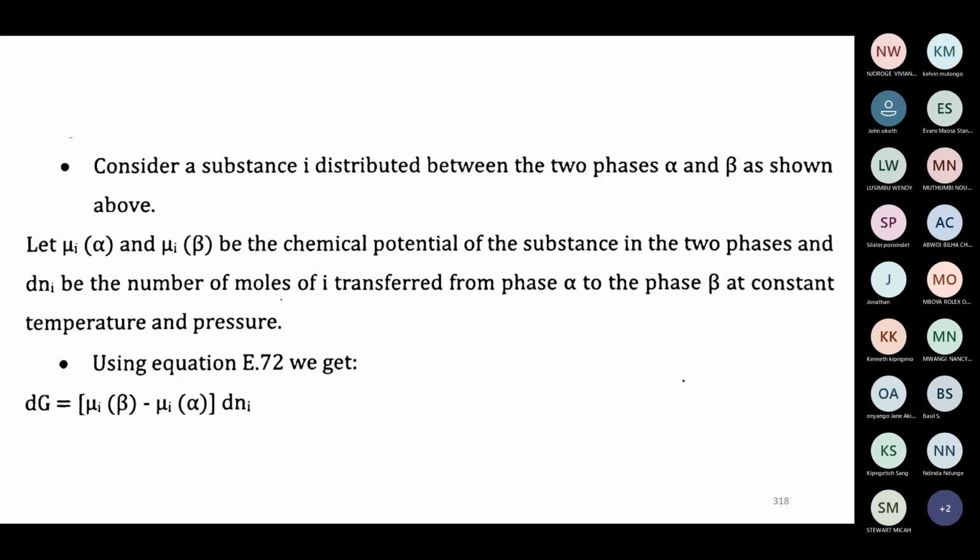So when you consider this substance i distributed between the two phases as shown, you can let mu i alpha and mu i beta be the chemical potential of the substance in the two phases.